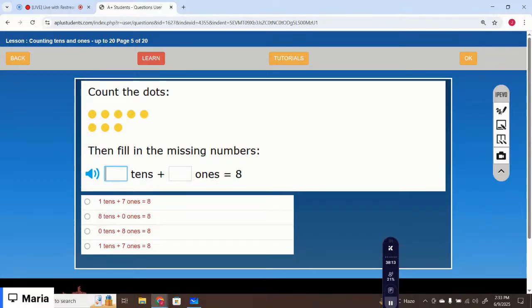Count the dots. Let's just move on to the next lesson. We can complete the lesson.